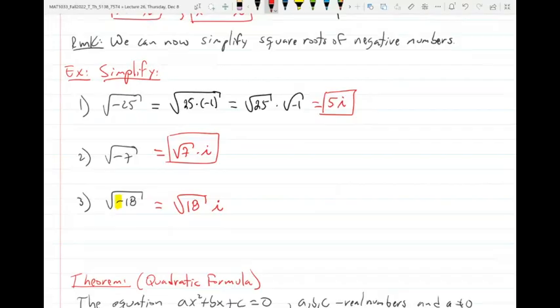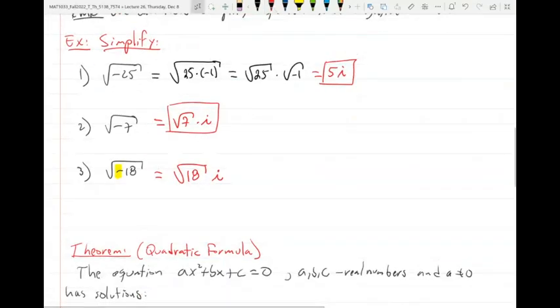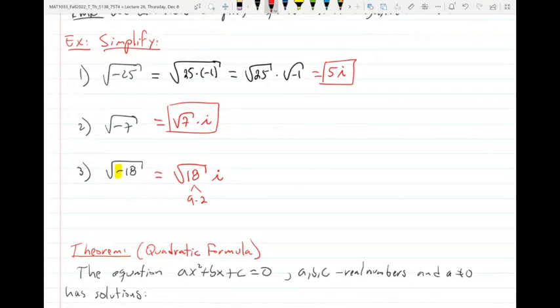Can we simplify square root of 18? Yes. How? We did this last time. We write 18 as 9 times 2. 9 is a perfect square, so it comes out as a 3. And 2 stays there. So that's 3 square root of 2 i.